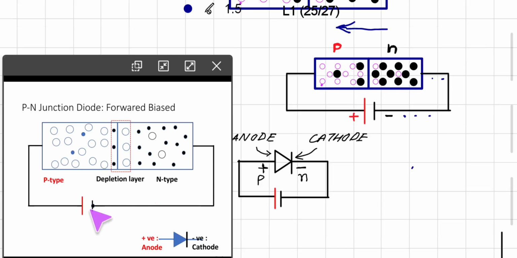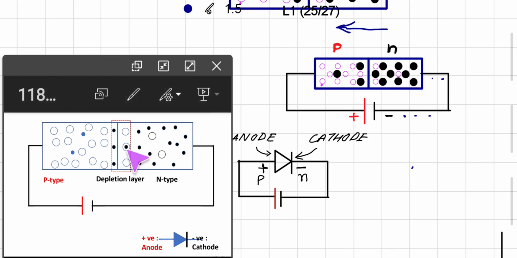Now see, normally when we connect the battery, how exactly does the current flow? Here we have applied the battery. Once the current is given, the electron starts to flow in this direction. This is a continuous process. Just for the sake of understanding, I have taken an example. So an electron comes here, and as it enters the N region, because a large number of electrons are repelling those electrons, it enters the N region and repels another electron.